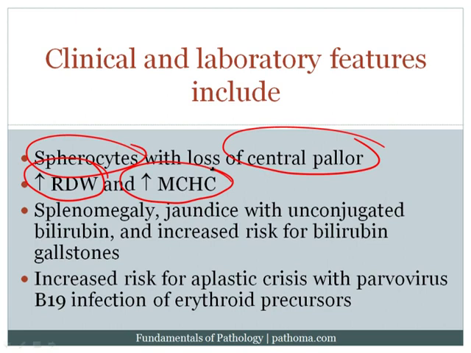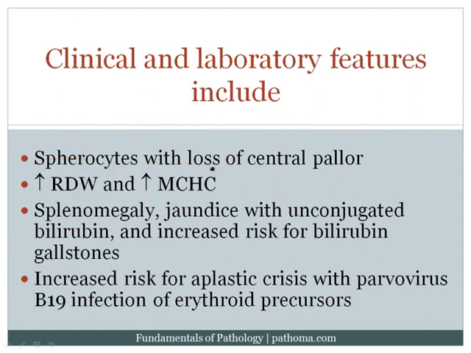That is measured by the mean corpuscular hemoglobin concentration. For your purposes, it's probably the only disease where you're actually going to see an increased MCHC. The only other example I can think of would be autoimmune anemia. But in autoimmune anemia, as I'm going to show you later, you have a very similar process going on, and you also get the production of spherocytes. But we'll talk about that in a few minutes. In addition, patients are going to have splenomegaly.